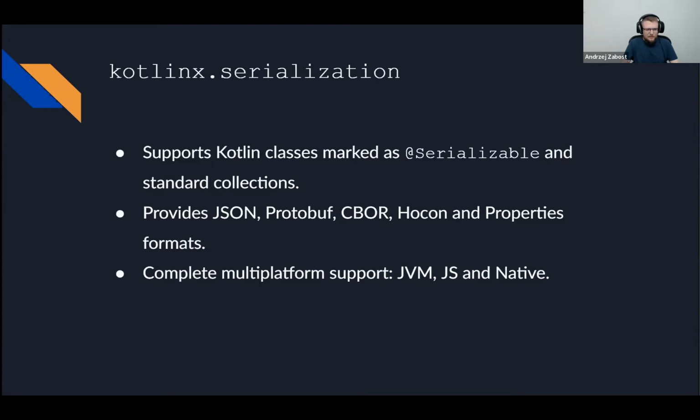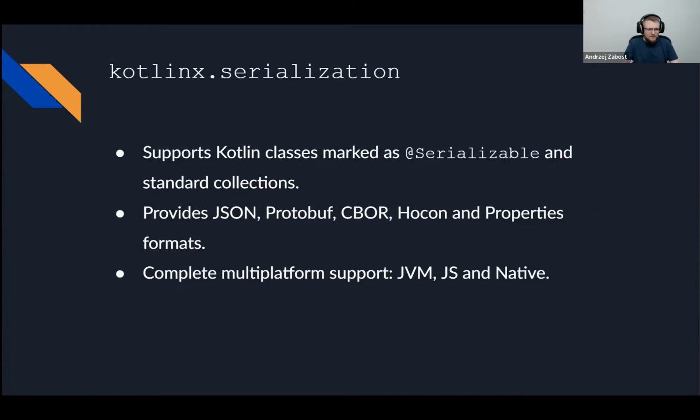If you are not familiar with this library yet, then I really recommend checking it out. It's a multi-platform library for Kotlin, so it probably should support Kotlin native applications that perhaps Piotr is going to talk about next.